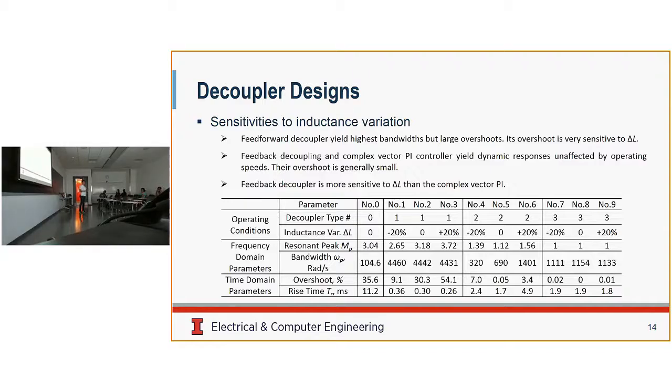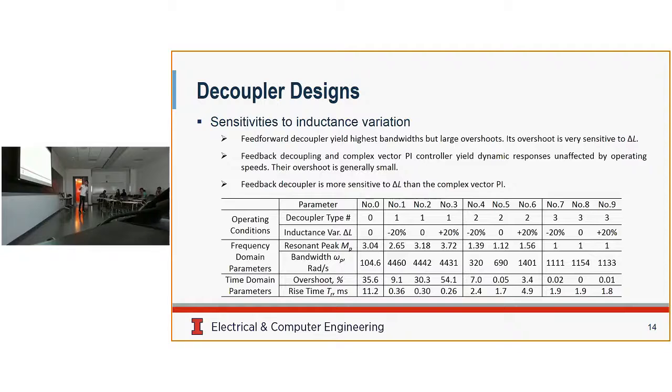So the inductance can vary over time. These decouplers need to be relatively robust to the inductance variation. And this table shows their sensitivities to the inductance variation.